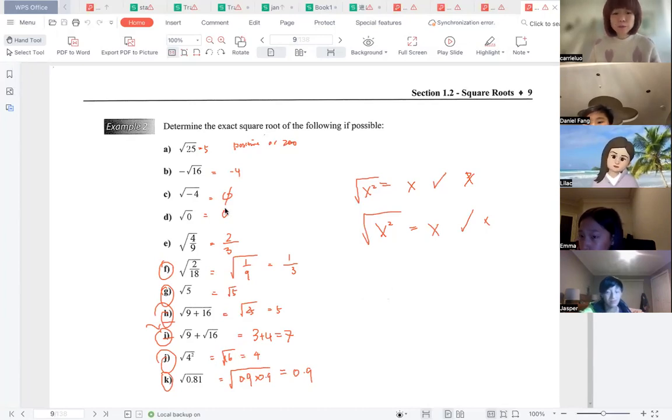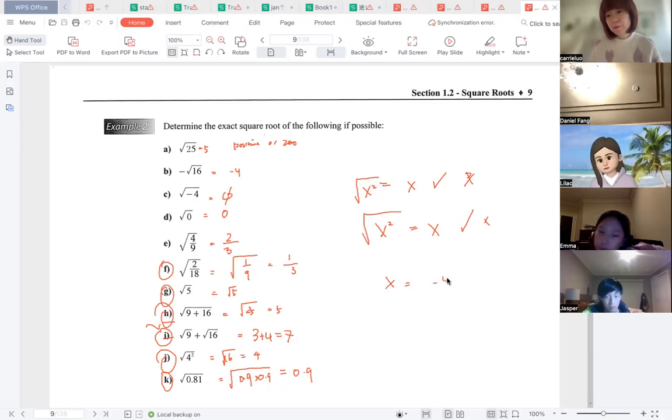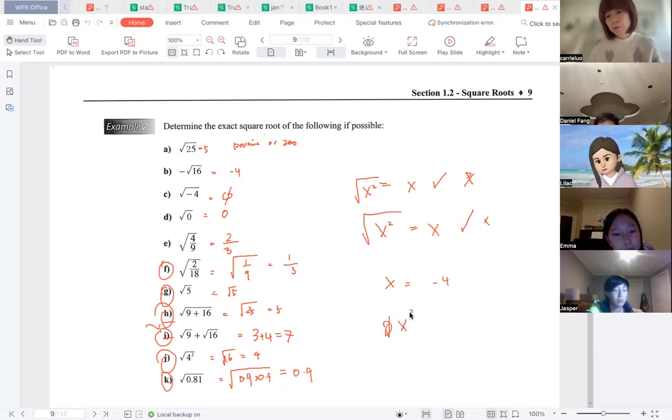Emma, do you think it's right or wrong? I think it's right. You think it's right, okay? So let me show you why it is right and why it is wrong. If we have x equals -4, can you tell me, Emma, x squared equals what? -16. -4 times -4 equals what?